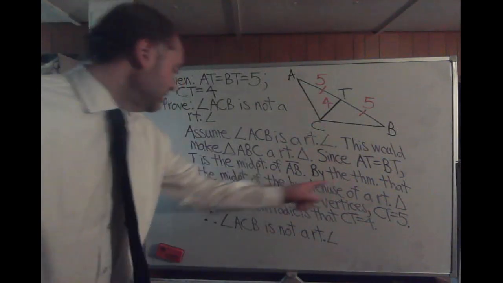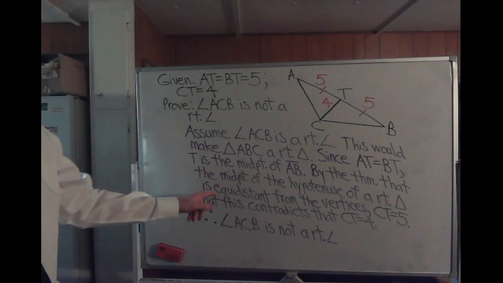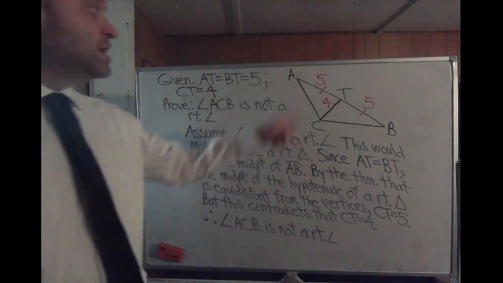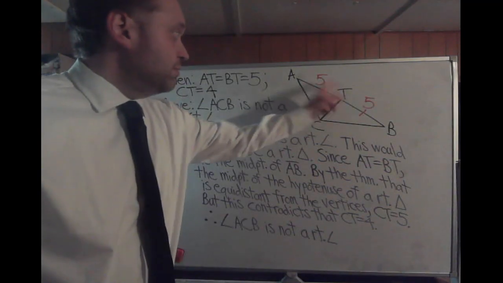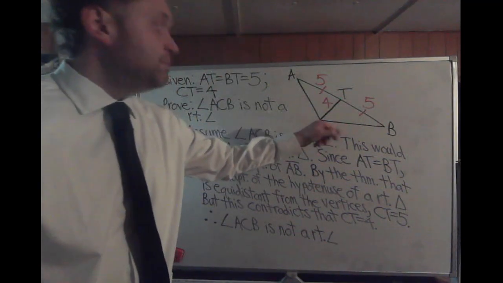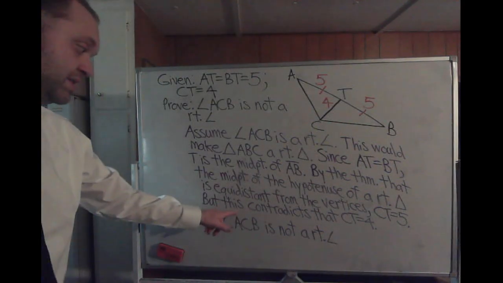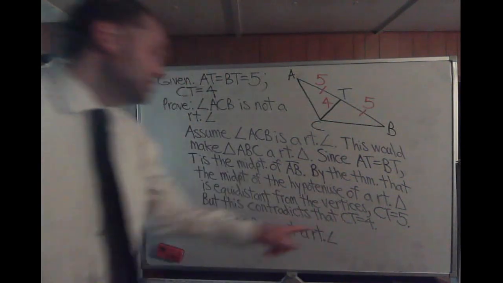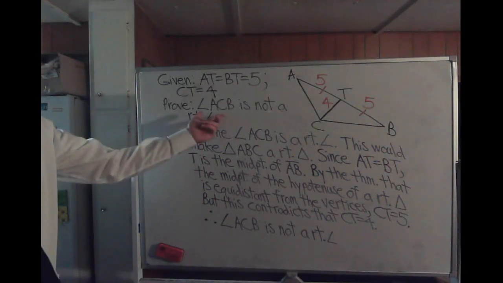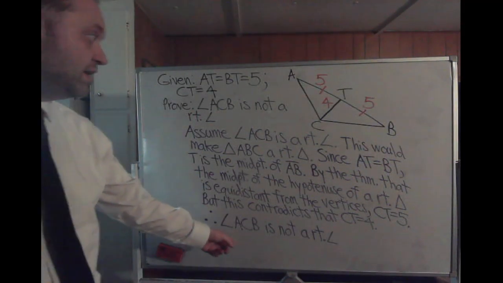So by the theorem that the midpoint of the hypotenuse of a right triangle is equidistant from the vertices, CT equals 5, right? T should be equidistant from A, B, and C. And we got that with AB, but that also means that CT should be 5. But this contradicts that CT equals 4. So therefore, what we're trying to prove must be true, that angle ACB is not a right angle.